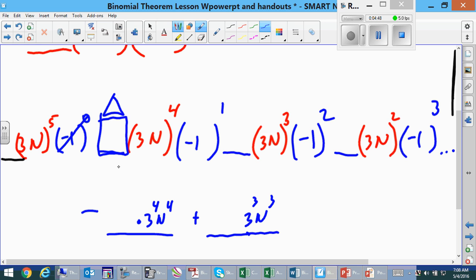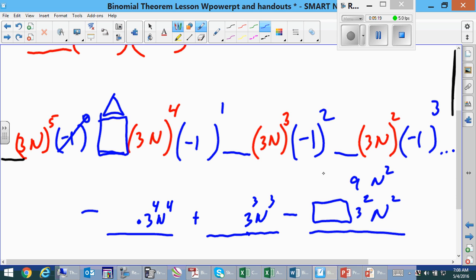In this 4th term, we have -1 to the 3rd power. It's going to be a negative term value. We're going to have 3 squared, which is going to be 9. We're going to have n squared. We've already taken care of the -1 to the third power, which gives us a negative value out front. It's just that remaining idea, the coefficient from Pascal's triangle, that's going to be multiplying as well.